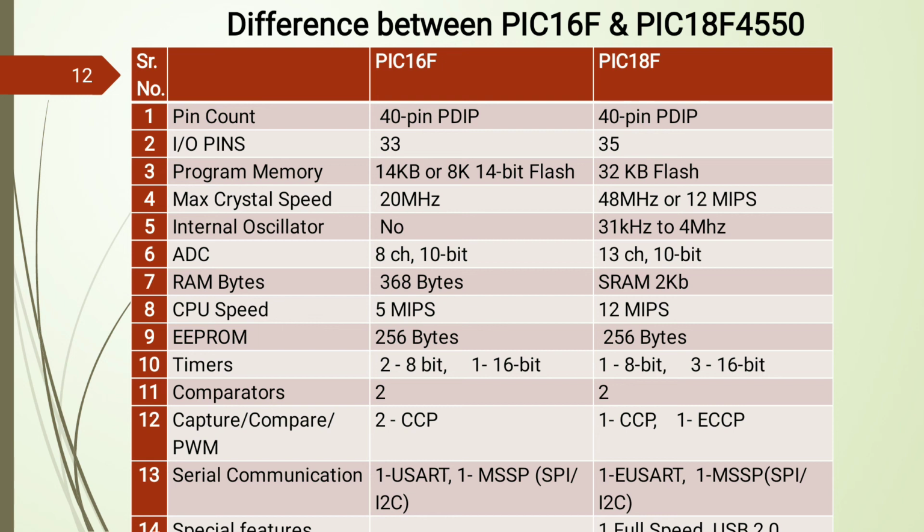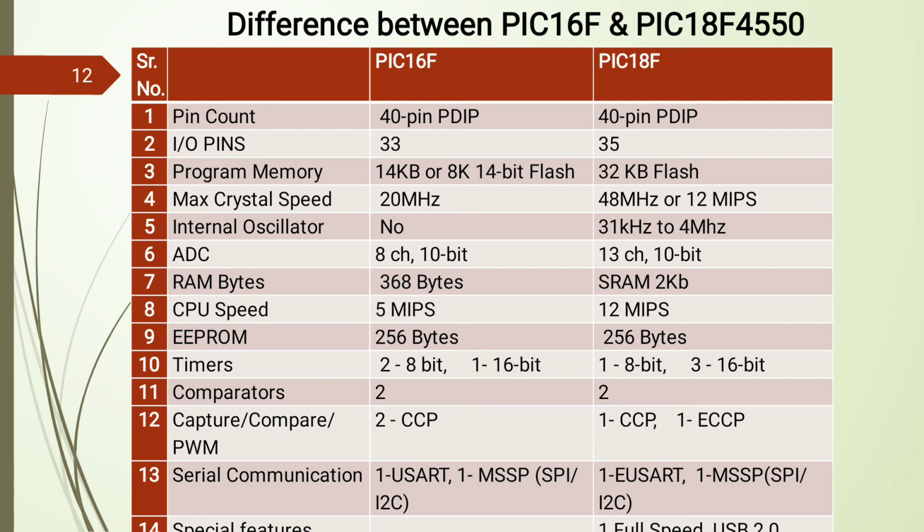The additional feature which is not available in PIC 16F or lower versions of PIC microcontroller is USB support, that is PIC 18F supports USB 2.0, which is not available in 16F. So USB support is enhanced, that is a major difference or additional feature available in PIC 18F.